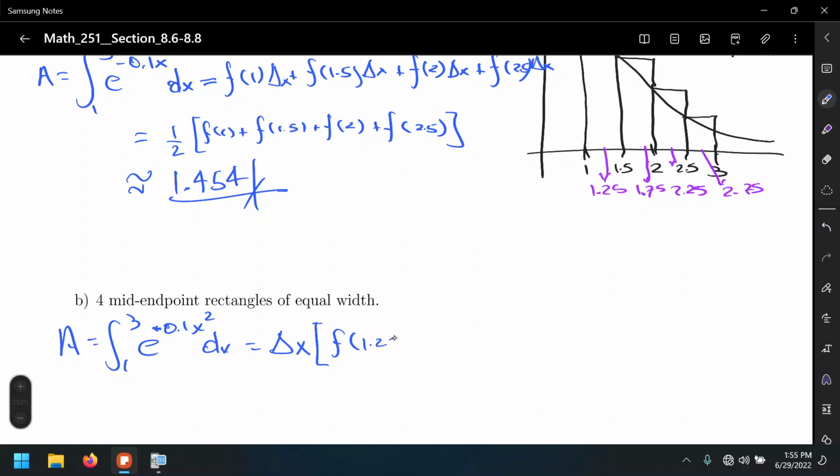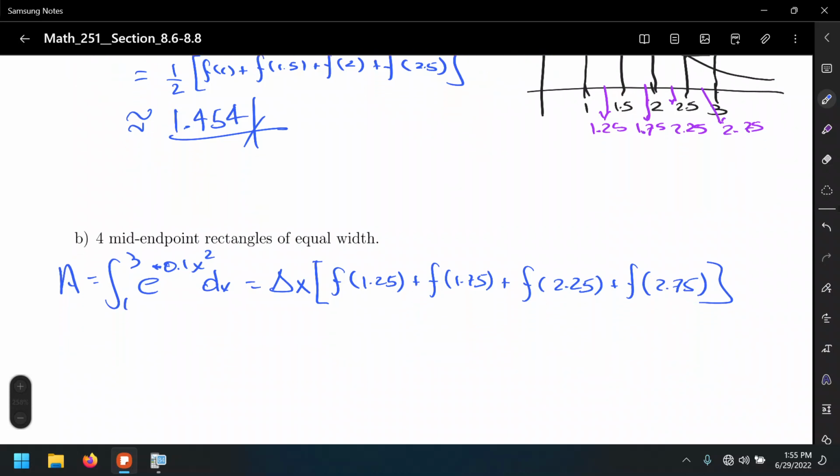That's f of 1.25 plus f of 1.75 plus f of 2.25 plus f of 2.75. All right. Let's do this in the calculator.